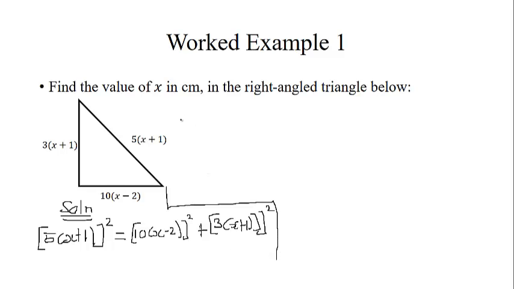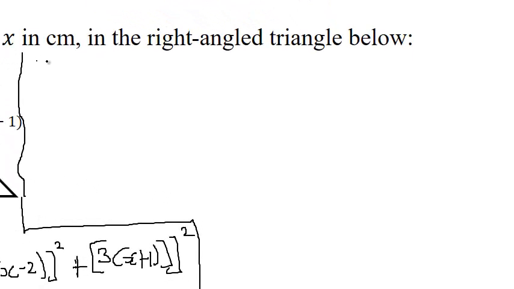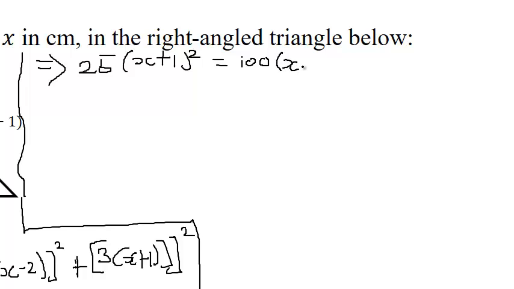Now we simplify this to get, so this implies that we have 25 into bracket x plus 1 all squared will be equal to 100 into bracket x minus 2 all squared plus 9 into bracket x plus 1 all squared.